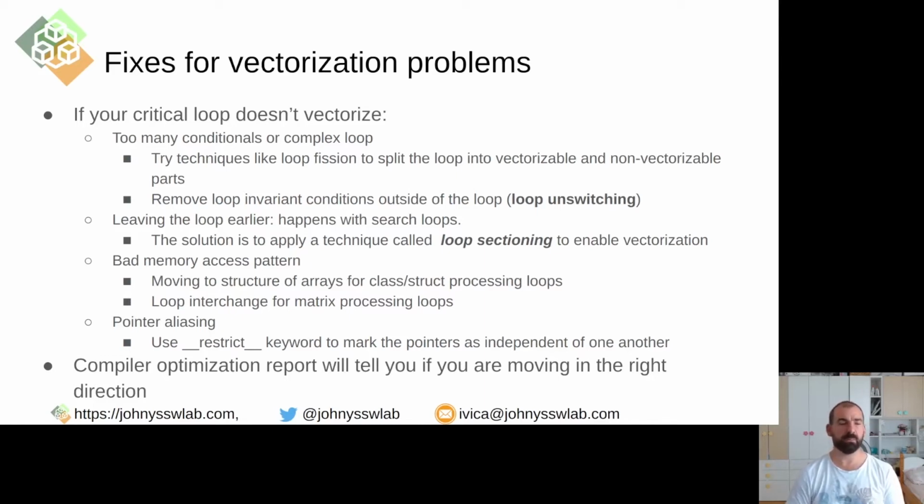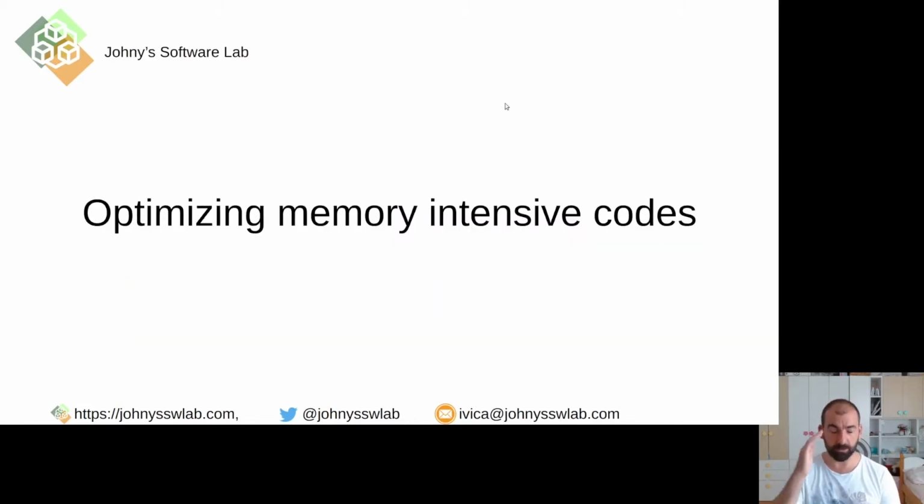You should enable the compiler optimization report, the vectorization report, and it will tell you if you are moving in the right direction. When you see the loop is vectorized, then you have achieved your goal. If the compiler automatically vectorizes, that's a pretty good indication that your code is running at peak performance.